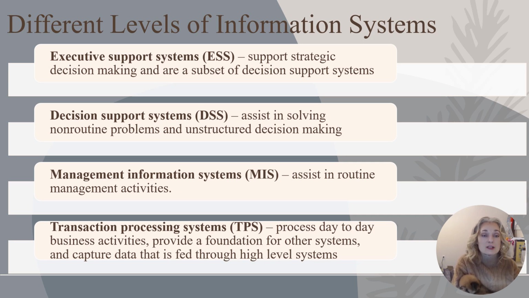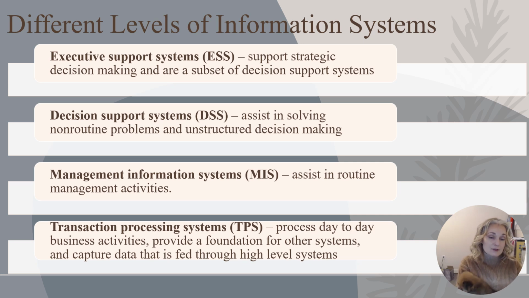So these are systems that are utilized to answer specific questions that are not typically a daily function of the business. Then we have our management information systems, or MIS, and these assist in routine management activities, and AIS can be considered part of the MIS.